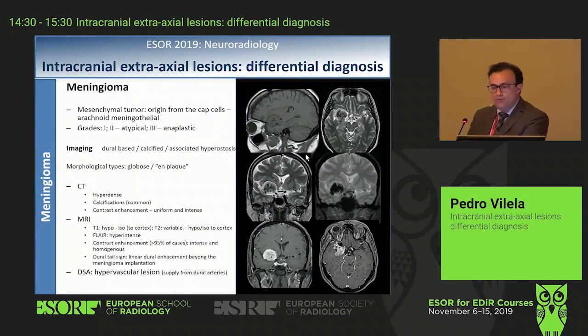Then we come to the two most common primary tumors, and the first one will be meningioma. So how actually are we going to suspect that there is a meningioma? It's an extra-axial lesion, mostly located at the dura of the skull base or the cranial vault, but you may also have meningiomas inside the ventricles.